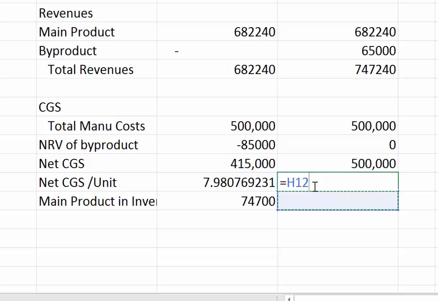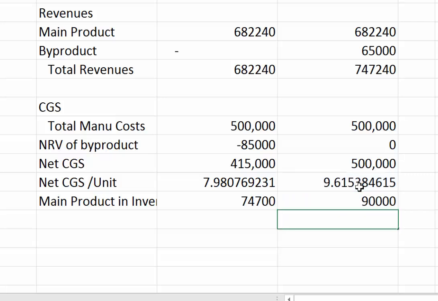For this one, it's going to be 500,000 divided by 52,000. Then I'm going to multiply this number by 52,000 minus 42,640, which is 9,360. All right. So that's what I have. So I end up with the 90,000.